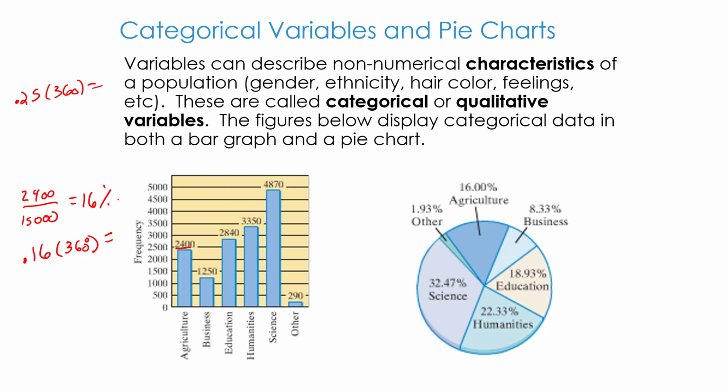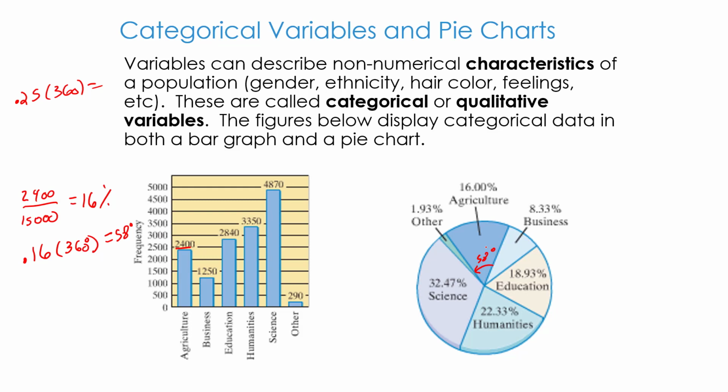And since we're not going to be measuring it that precisely, we're looking at about a 58-degree angle. So there's your agriculture. What that means is you want this angle right here to be 58 degrees. You can do the same thing for every other category.